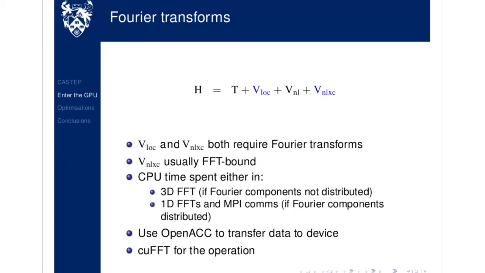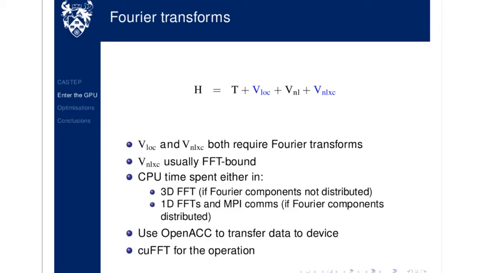And here we have a distinction between the different parallel modes that you can run CASTEP in. So if your Fourier components of your solution are not distributed, you can do a 3D Fourier transform. But if you've distributed those over a set of nodes, then what we do is some 1D Fourier transforms, and then we use MPI to do an all-to-all, which is essentially a transposition.